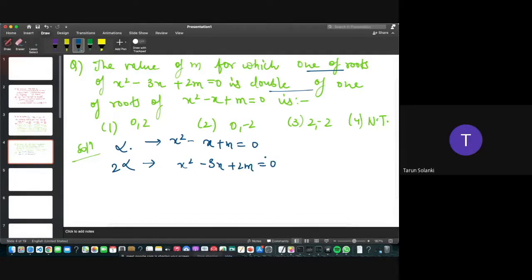So this condition is given, right? So now put the value of alpha in both the equations. Okay, so you will get alpha square minus alpha plus m is equals to 0. And in the second you will get 4 alpha square minus 6 alpha plus 2m is equals to 0.